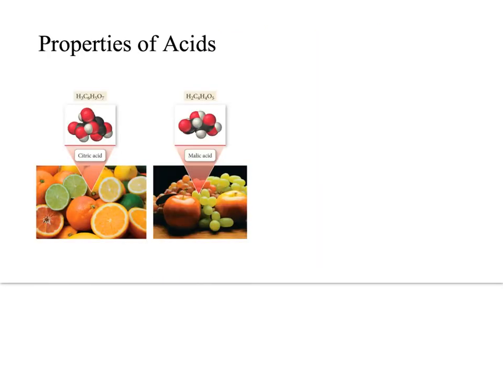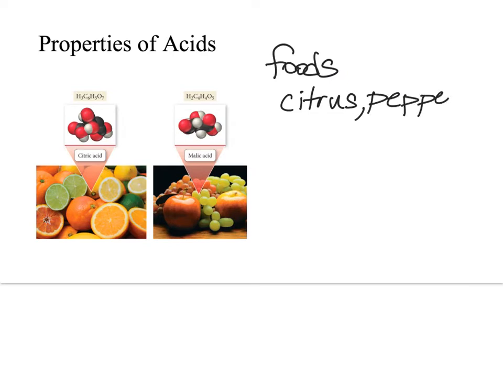Now that we've defined what an acid is, let's talk about some general properties of acids. We see acids in a lot of different foods, especially citrus and peppers, really many different types of fruits and vegetables.